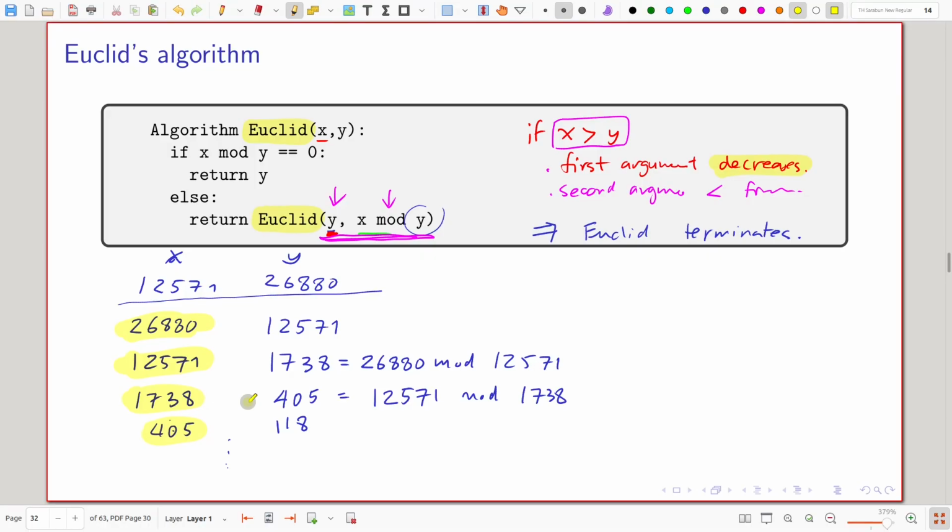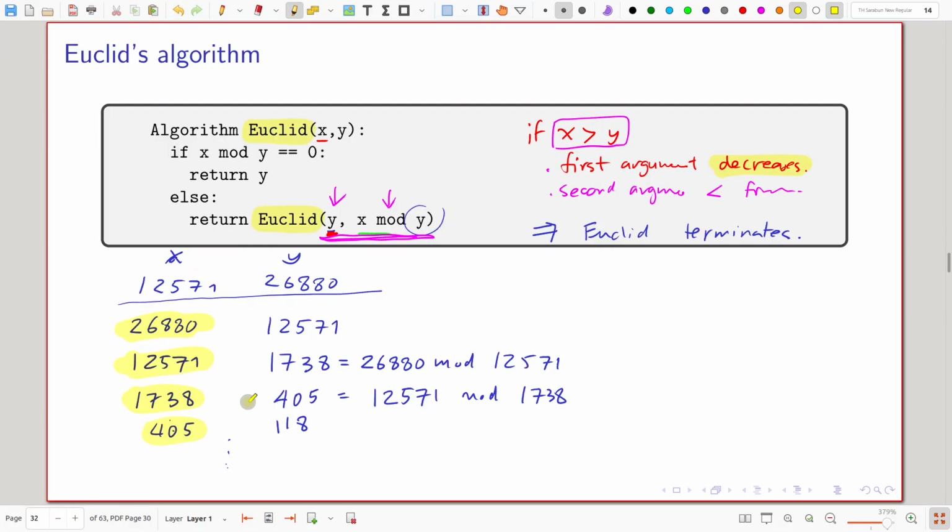But can we prove that? That's the whole point. You can try some numbers and you see, oh, it decreased really fast, but it might not always be the case. As mathematicians, which we are not, but mathematicians need to prove it. We are not mathematicians, but we have to prove it as well because we are taking a math class. Sorry. But is it possible that the first number does not decrease a lot?